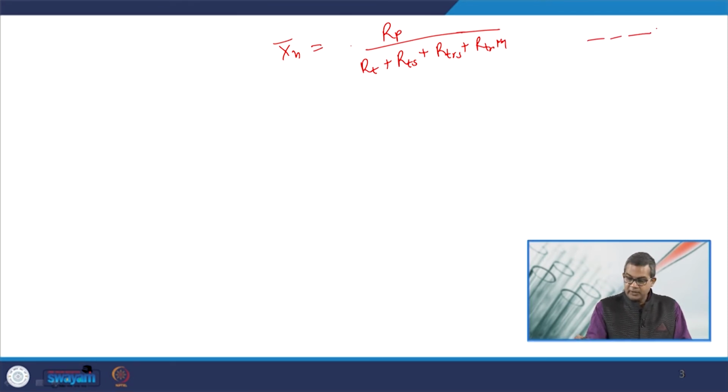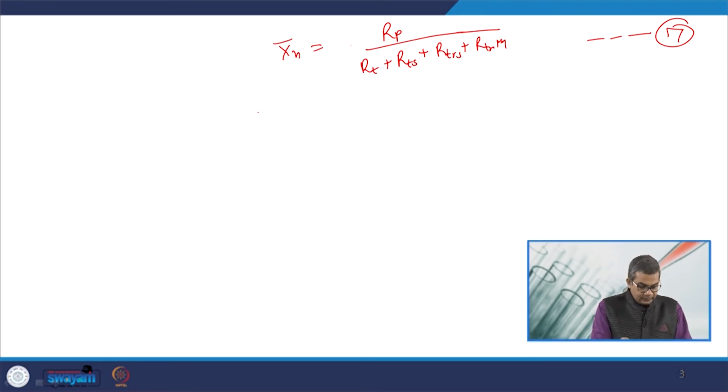So, you can represent this degree of polymerization, this xn, as Rp upon Rt plus Rts plus Rtrs plus Rtrm. You may represent this as equation number 7.